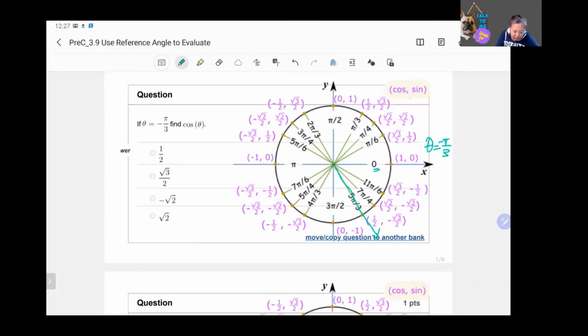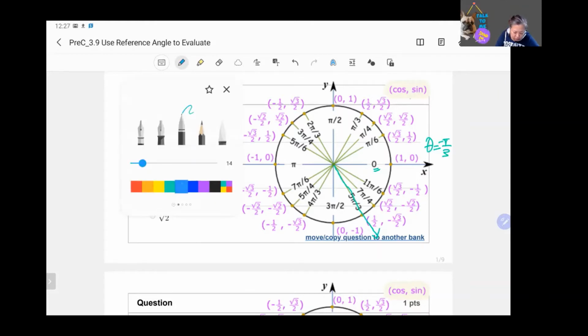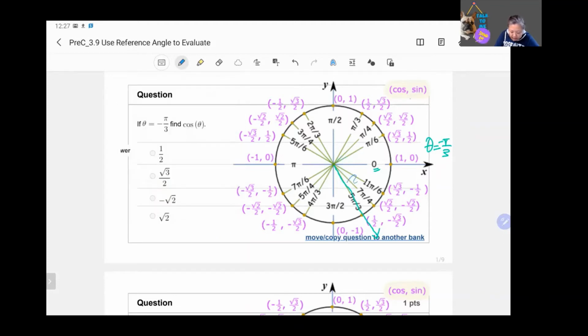Then, since we're supposed to use reference angle, now with this given terminal side, the nearest horizontal axis is this part. Then now this is alpha itself, so it has to be the same, right? Then now, the right triangle for us to utilize is this way. So this is the right triangle here.